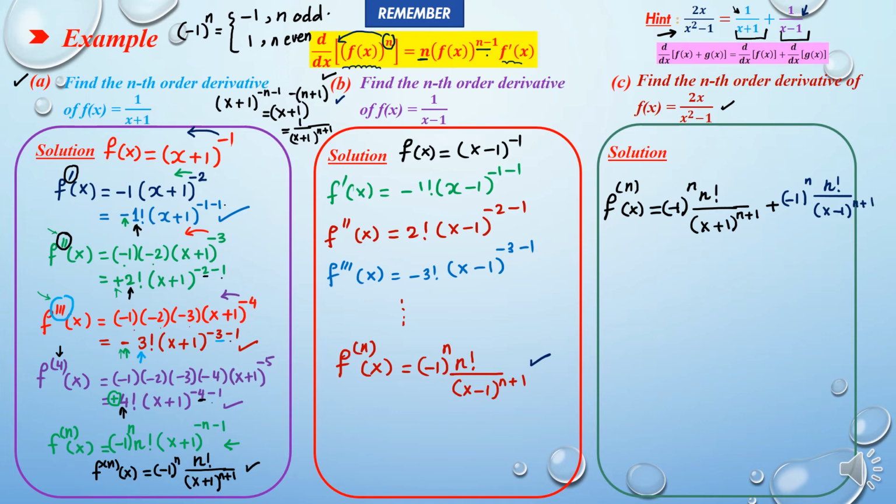Now you can simplify this formula, and we can take the common factor between the two terms, and the common factor is negative 1 to the nth power multiplied by n factorial, multiplied by 1 over (x plus 1) to the n plus 1 plus 1 over (x minus 1) to the n plus 1.